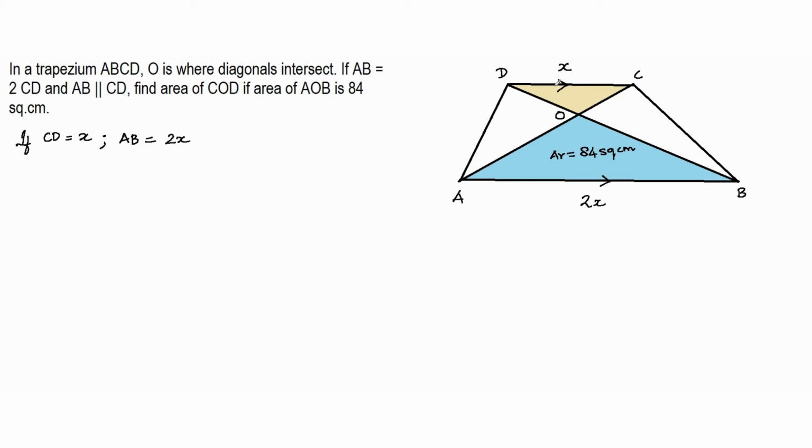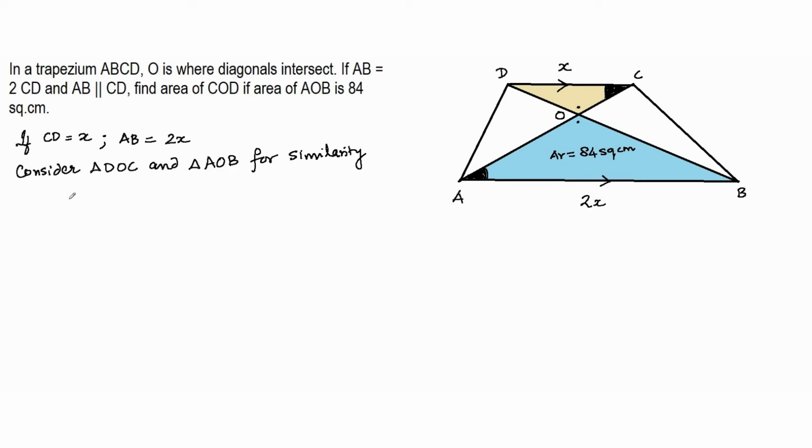So now, because DC and AB are parallel, I know that angle BAO is equal to angle DCO because of the alternate interior angles, right? So these two angles are equal to each other. And also the vertically opposite angles are equal, and therefore by AA test, I can say that these two triangles are similar to each other. So consider triangle DOC and triangle AOB for similarity.